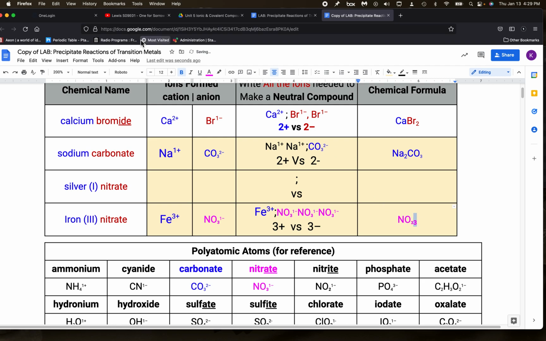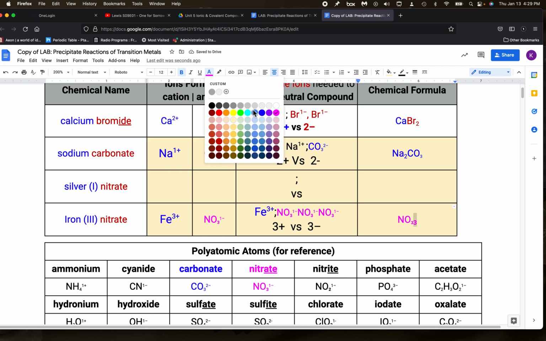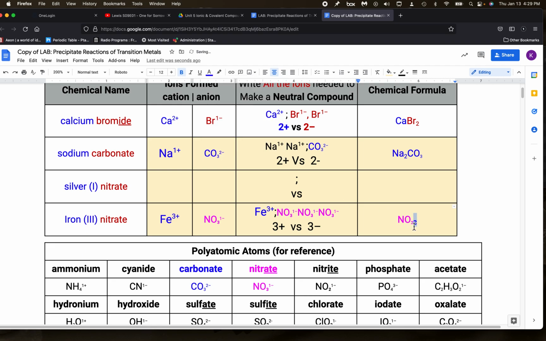I'm going to do that, and I'll change this color. So that 3 right there tells me how many I have. There's only 1 Fe. And in order to separate these 2 3s, we use parentheses. So there's a parentheses, and there's a parentheses.